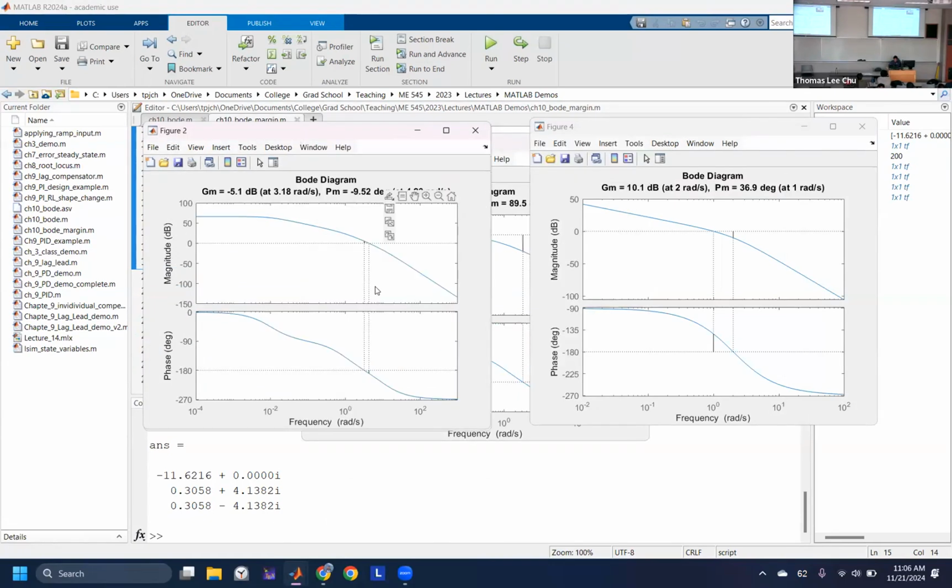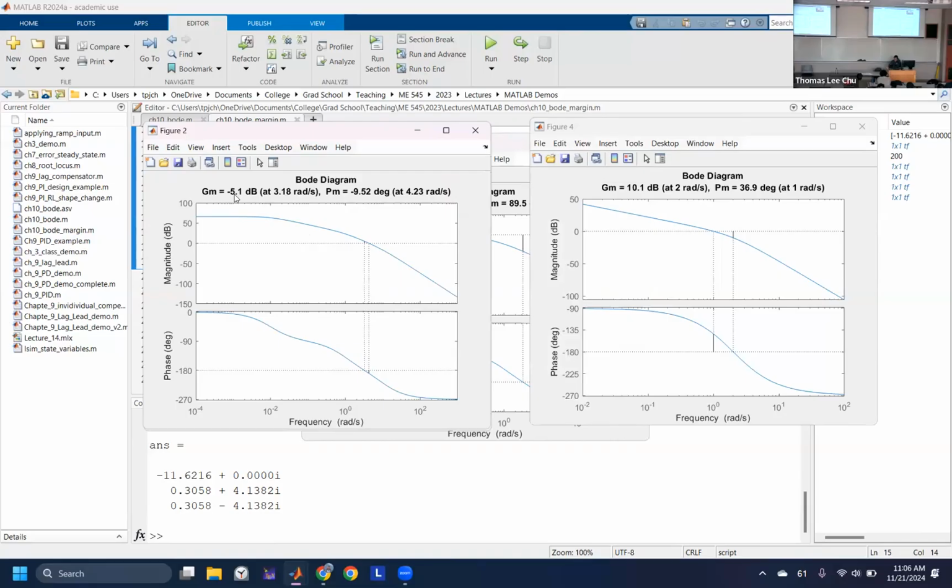So maybe let's look at this first. Here they look at the gain margin, where it looks at the 180 degree line, which is this first dotted vertical line, and then it calculates how much gain we have before the system becomes unstable.